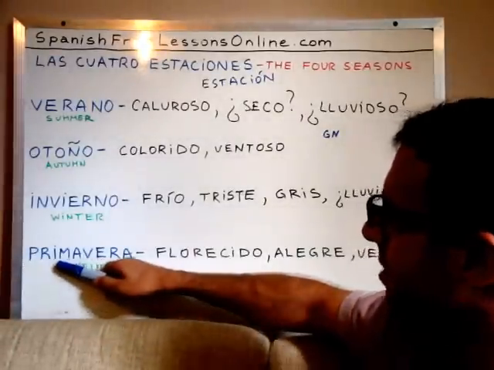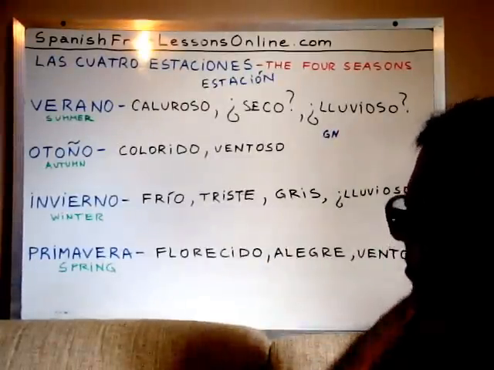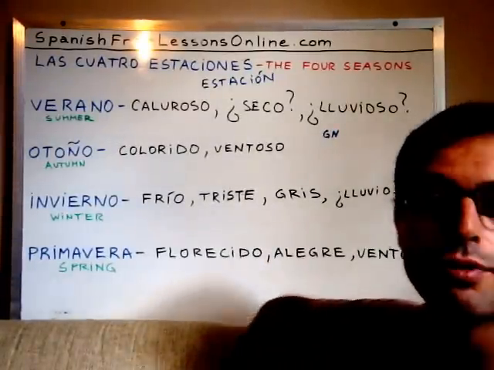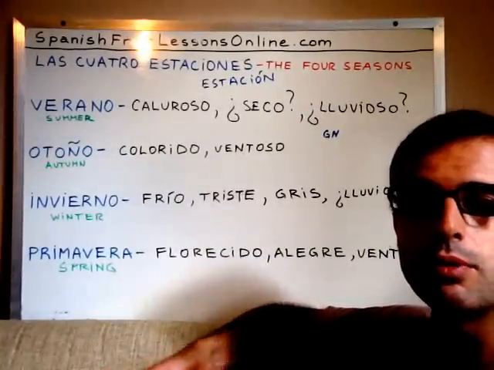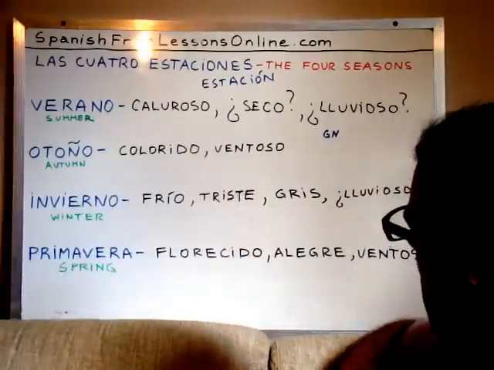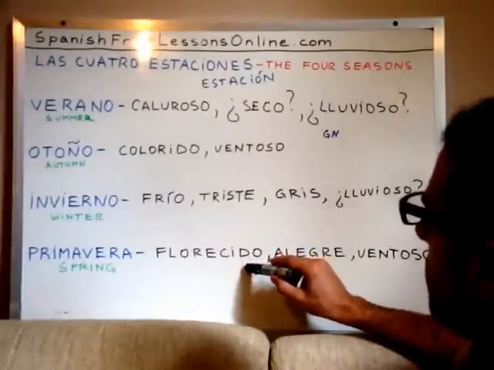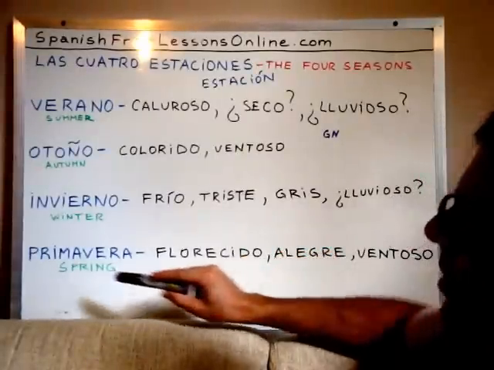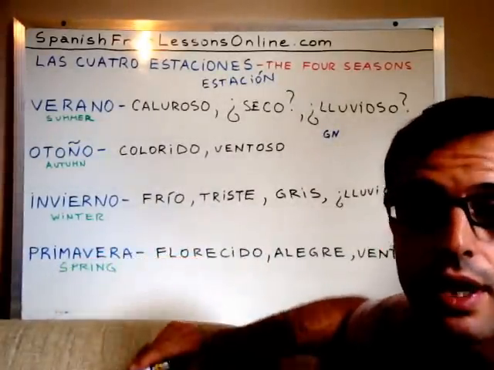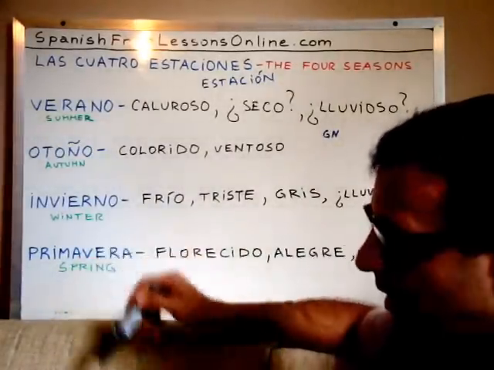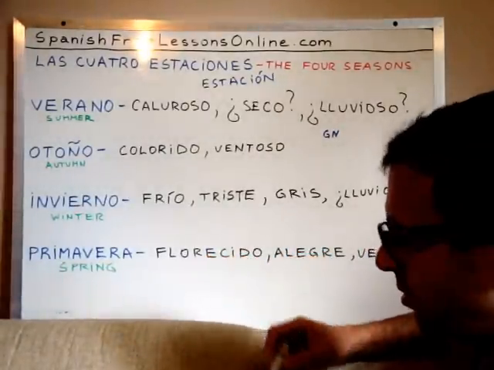La primavera es florecida. Florecido or florecida means bloomy, with many flowers blooming. In this case, since florecido is an adjective that ends in O, and primavera is a noun that ends in A, so it is a feminine noun, that means that the adjective must turn to feminine too.